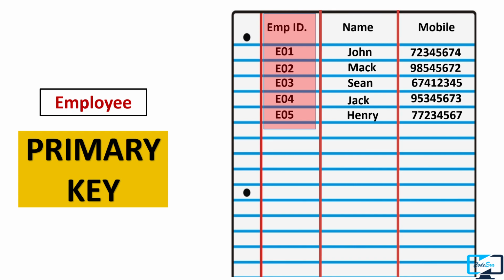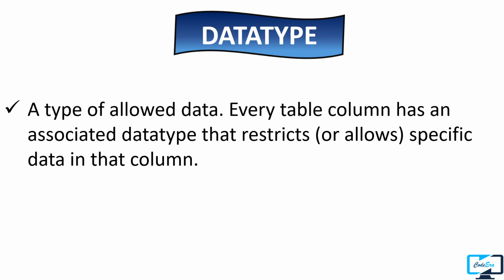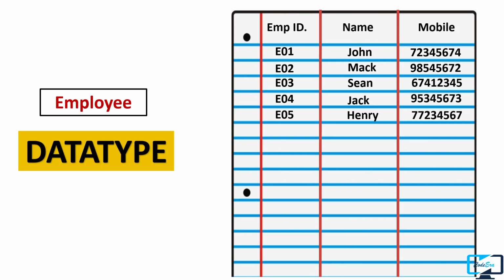Now our next term is data type. So this data type is the same concept we use in different programming languages. So it is the data type which tells what type of data is allowed in a specific column. So for example, in the employee table, the name column must store only characters or strings, and the name column cannot store numbers.